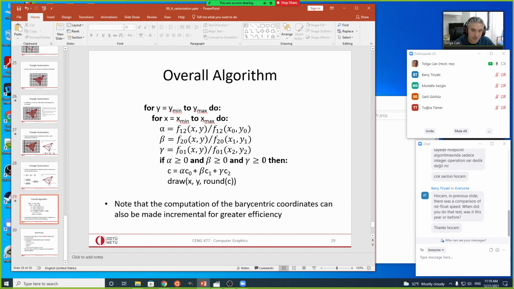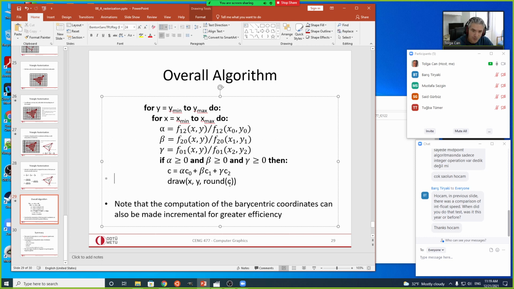So if you're confused, asking why we wanted them to be negative but now we are asking them to be positive, it's because we just computed the barycentric coordinates with this division, and they need to be all positive in order for the pixel to be inside. If that's the case, then we just compute the color value as an interpolation using alpha, beta, gamma like this, and we draw the pixel at that coordinate with this color.